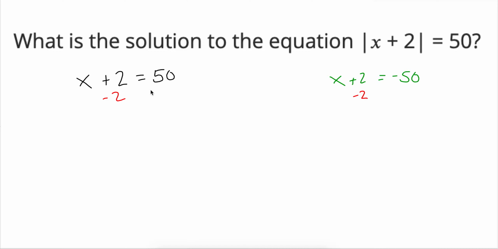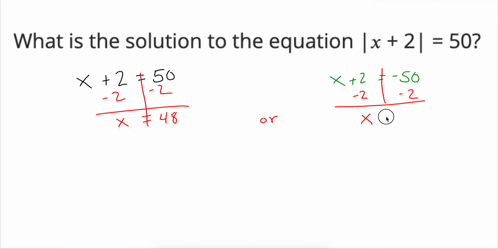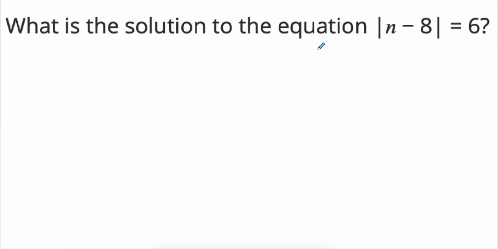X is equal to 50 minus 2 is 48, or x could also be equal to negative 50 minus 2 is negative 52. 2 different answers. Make sure you select both of these answers on the exam. 48 or negative 52.